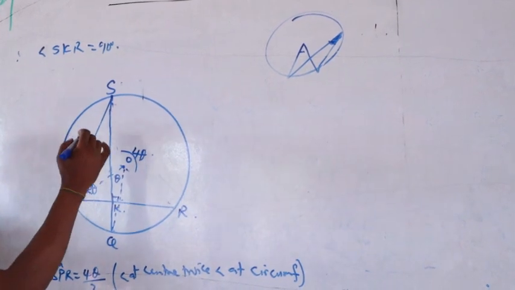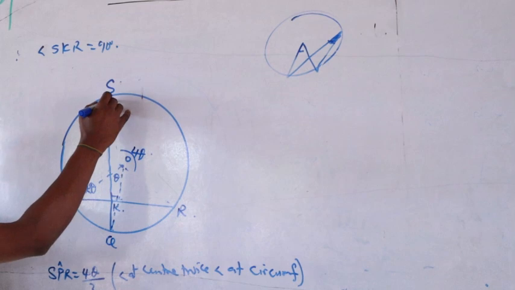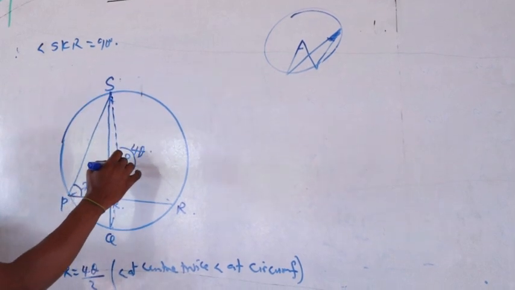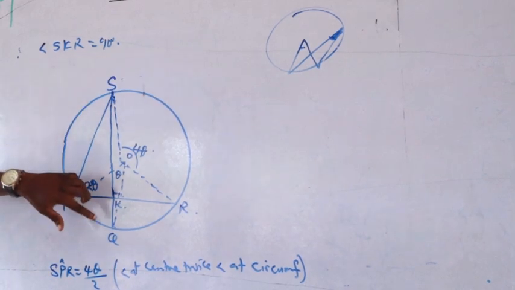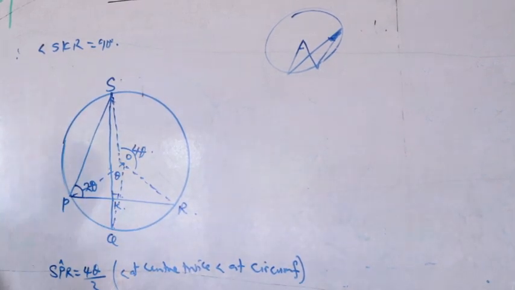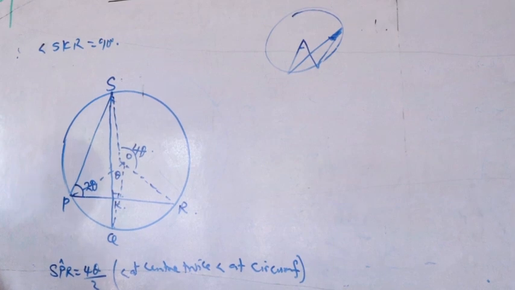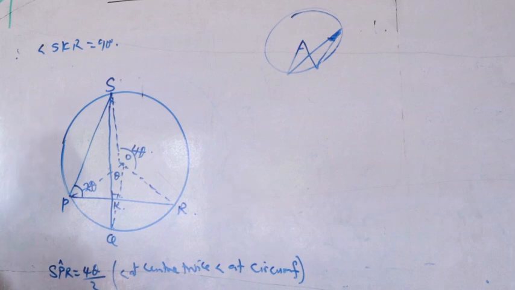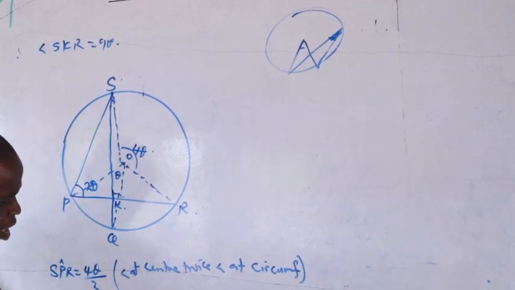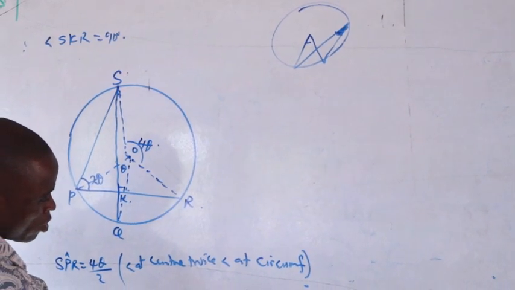Let me now have the diagram back. PSQ is equal to theta over 2. Reason: angle at center twice angle at circumference.